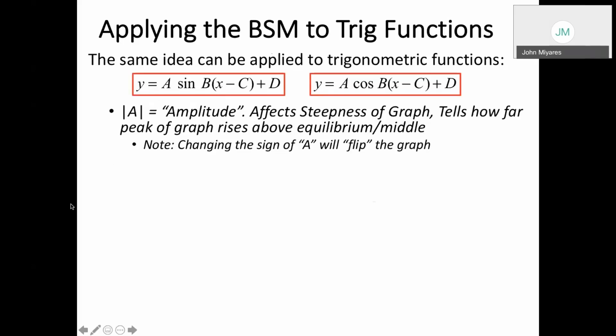So if the lead coefficient, for example, is -3, I'm looking at y equals -3 sine x. The amplitude of the wave will be 3 because you're going to go down to -3 and up as high as +3. But the graph is going to open upside down from its basic shape. So instead of starting at the origin and working its way up, it will start at the origin and work its way down.